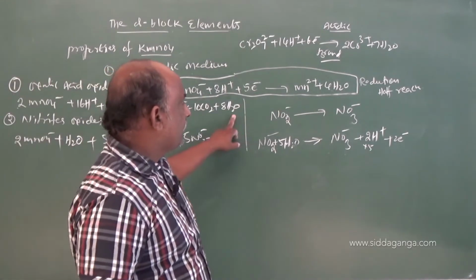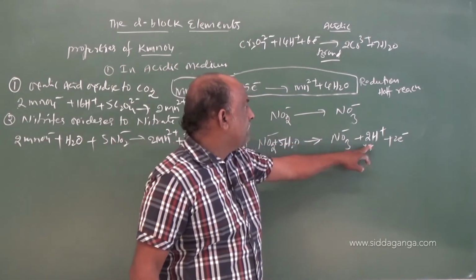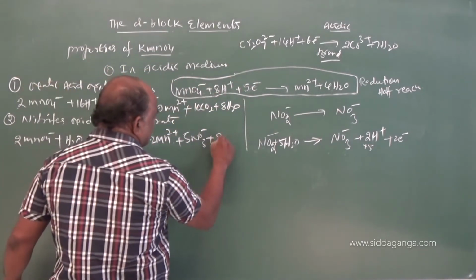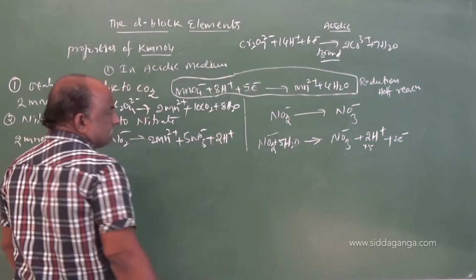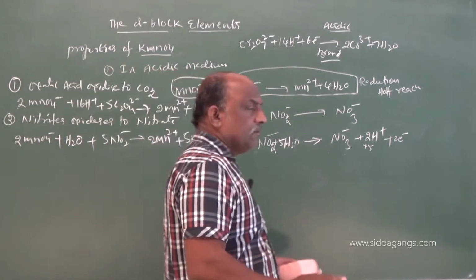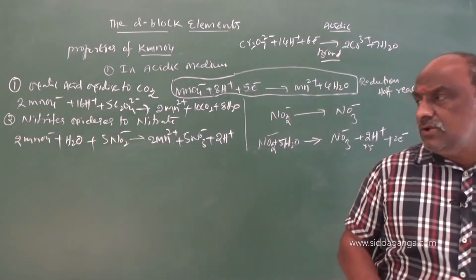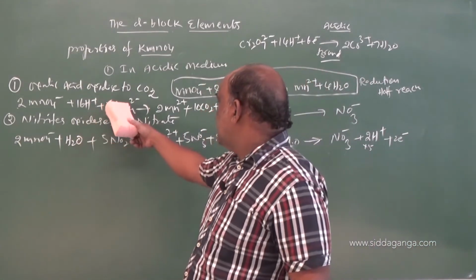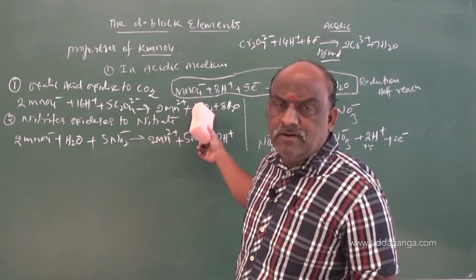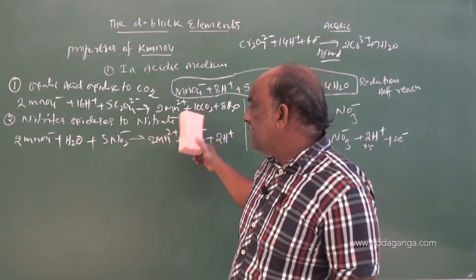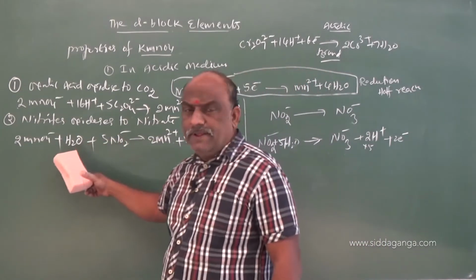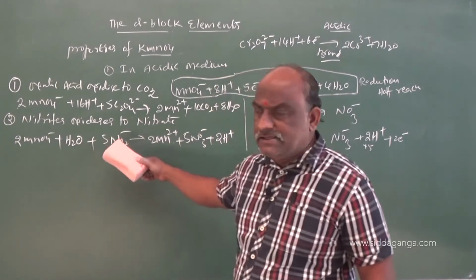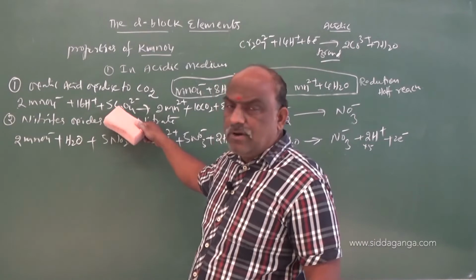Next, 10H plus on the right side and 8H plus on the left side, so here we get 2H plus. Only the water and H plus ions change. There is no change in nitrites, nitrates, oxalates, carbon dioxide. Carbon dioxide is 2 molecules. Then again you get the same number of nitrate ions and the same number of oxalate ions.